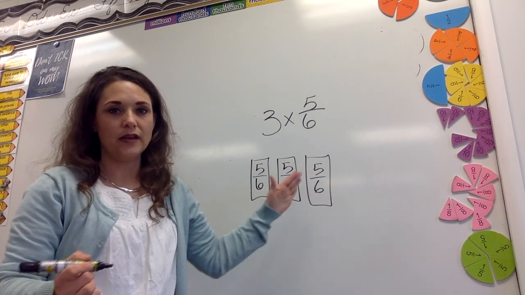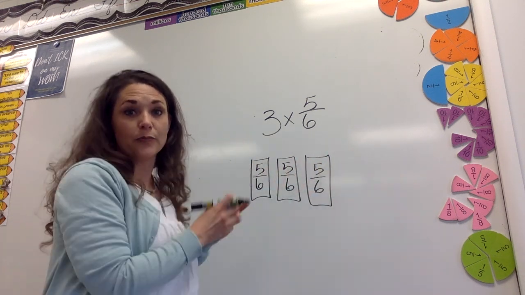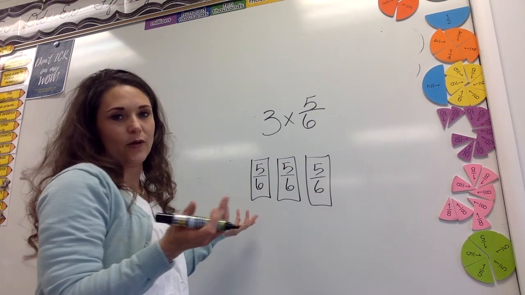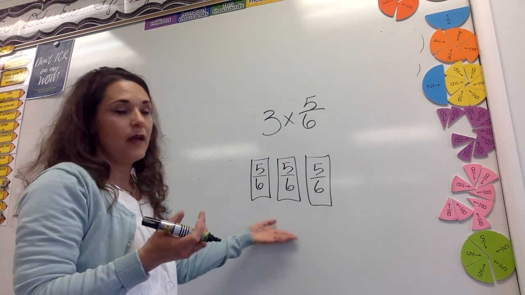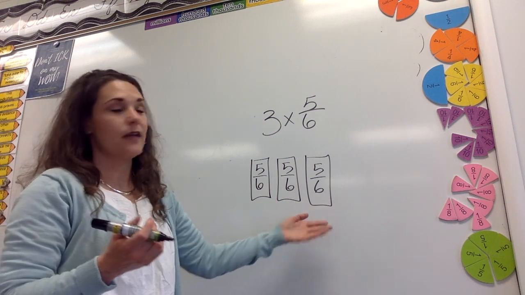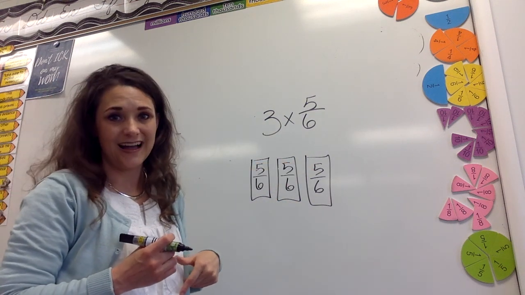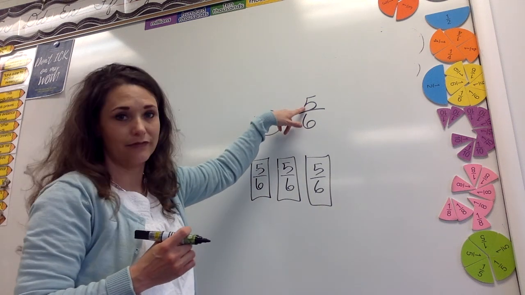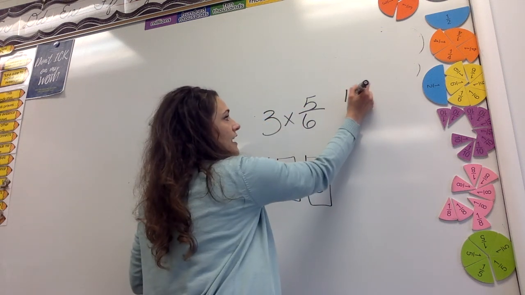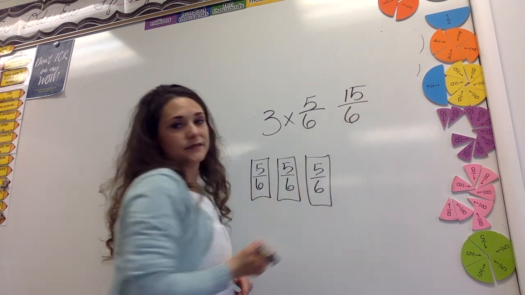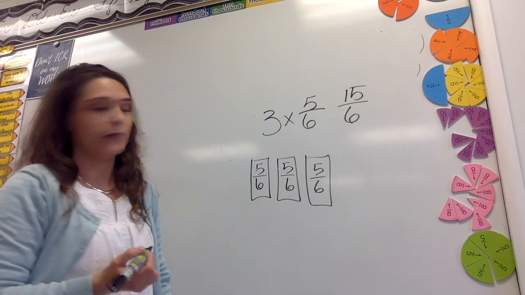I could draw them out and have 1/6, 1/6, 1/6, and group them into groups of 5 if I wanted, like we did on our first problem. Or I could write it out this way. But basically, I'm saying if I add these 5's 3 times, or 3 times 5, I'm going to get 15/6. And there would be my answer.